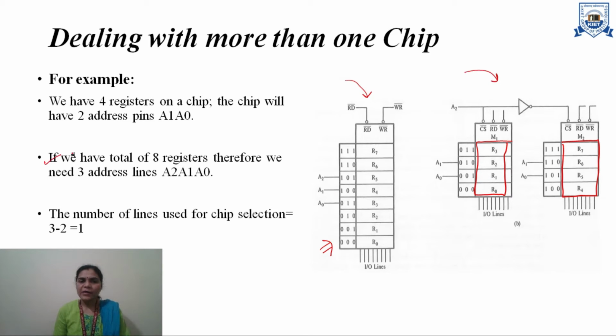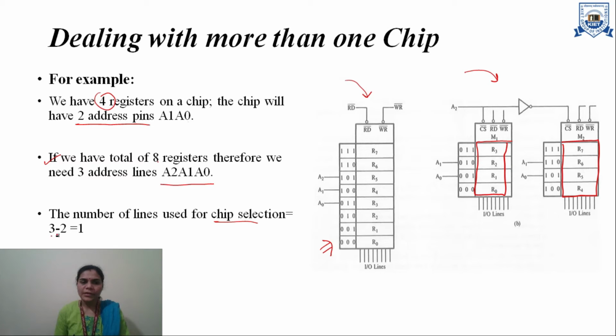If we have 8 registers, 3 address lines will be there. And for 4 registers, we will have 2 address lines, A0, A1. So now we will see how many lines will be required to select a chip.